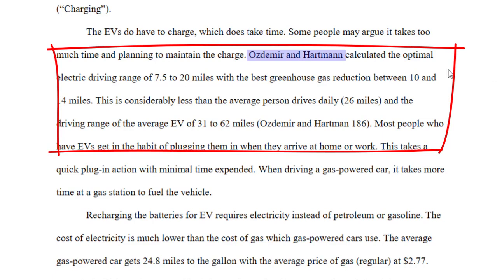So they've given us the author in the paraphrase of the information that came from the source, right? Once that information is wrapped up, we have the internal citation, parenthesis Özdemir and Hartmann 186. And in this case, you could actually have simply parenthesis 186 close parenthesis, since we have already mentioned the names of the authors in the flow of that sentence.